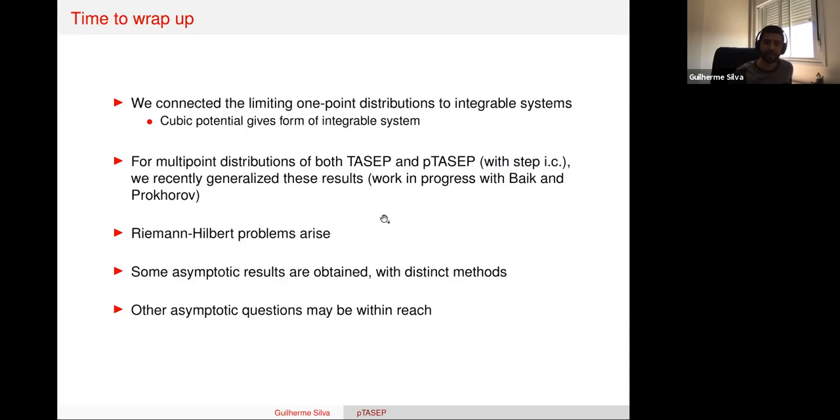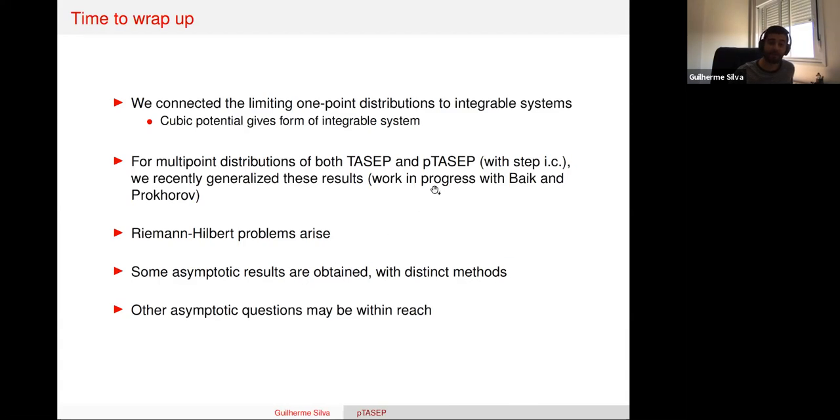As I said, we are currently studying also multi-point distributions for both TASEP and pTASEP. Multi-point, I mean multi-time, multi-location, multi-height. We already have all sorts of generalizations of the connections with integrable systems. We have multi-point versions of KP, also a nonlinear heat system, a nonlinear mKdV system.